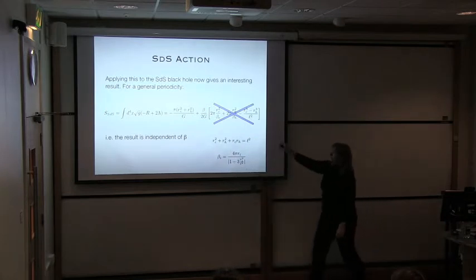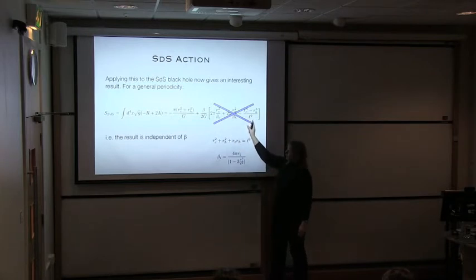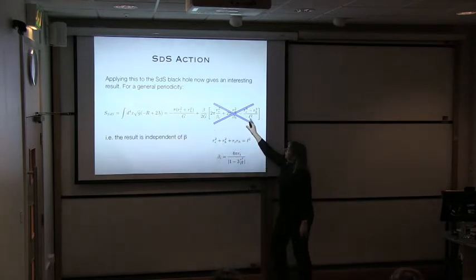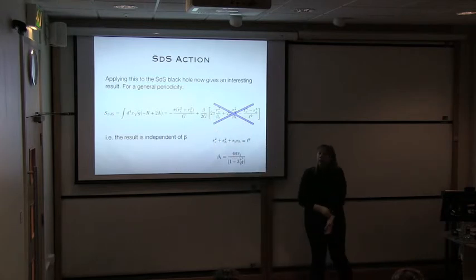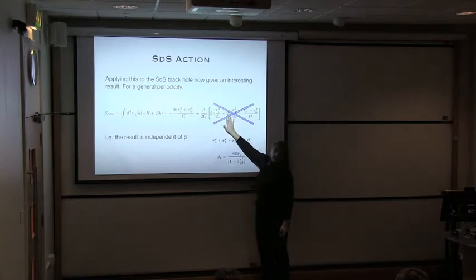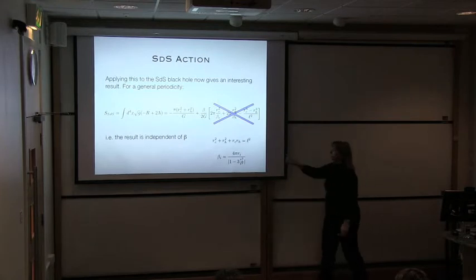That's what you get from the conical deficits, and then you've got a volume term. The volume term, which is really coming from the lambda here, obviously depends on the periodicity of Euclidean time. But if you put in these natural periodicity values, you find that these two pieces cancel out. So I've actually put in what the betas are.